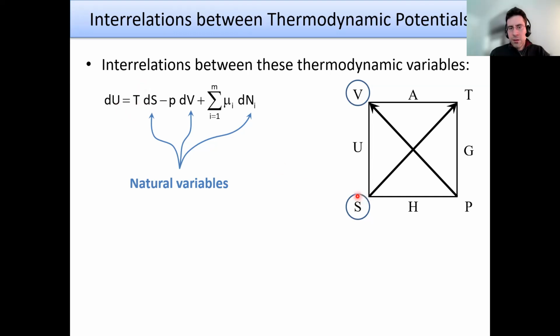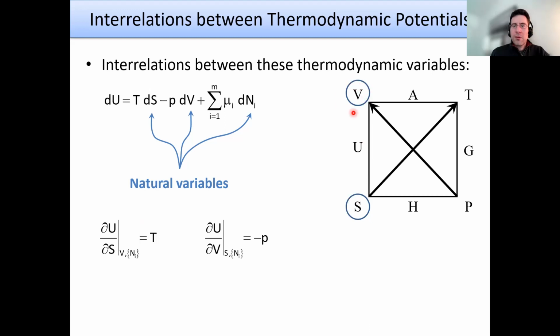You see that for S, this arrow points towards the temperature here. So this kind of relation is encoded like this: dU/dS, the partial derivative of U with respect to S, is equal to the temperature. If the arrow points from the natural variable to the derivative, then you have a positive sign, so dU/dS equals plus temperature.